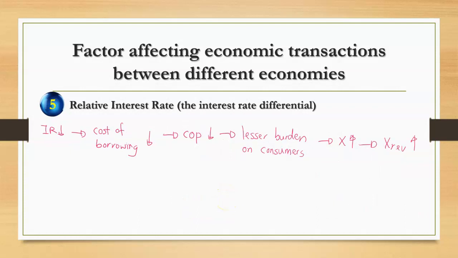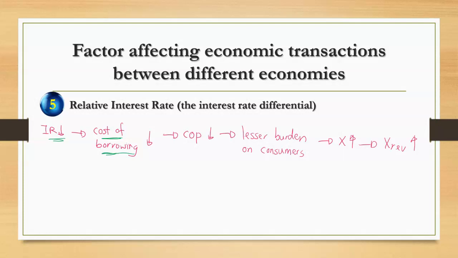Next factor, relative interest rate. This one we are looking at Australia's interest rate compared to another country. Now, if the Australian interest rate, for example, is lower, then it would mean the cost of borrowing, for Australia now, would be lower.